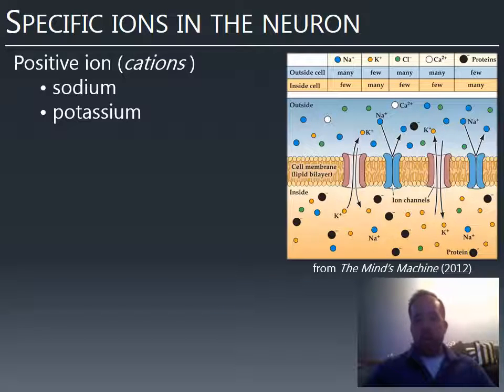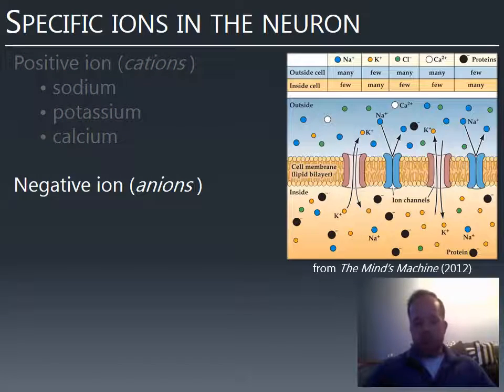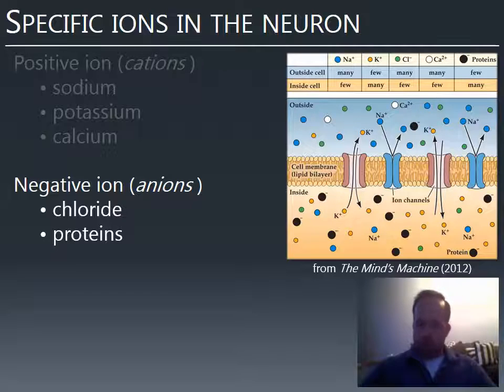As we said, outside the cell, sodium is very common. Inside the cell, potassium is very common. We also have things like calcium, which is not going to be very important today, but the next lecture it will become more important. We also have negative ions, which are called anions. Again, not anions, it's anions. And so these are things like chloride and proteins, which, again, not important today, but next lecture they will be.